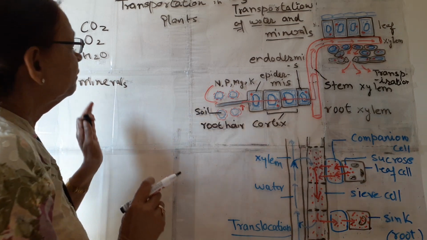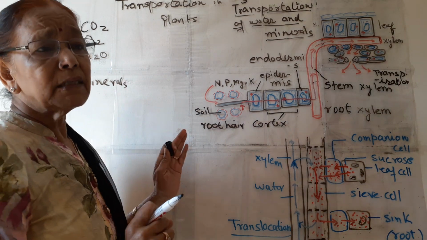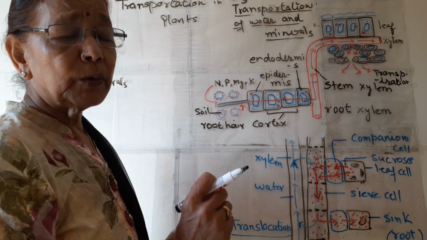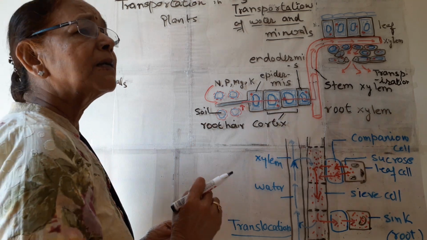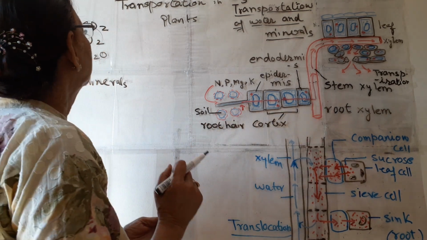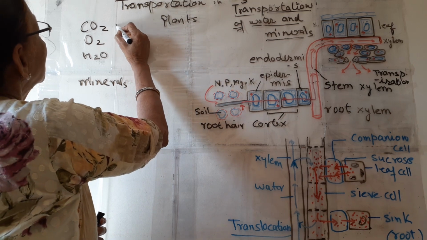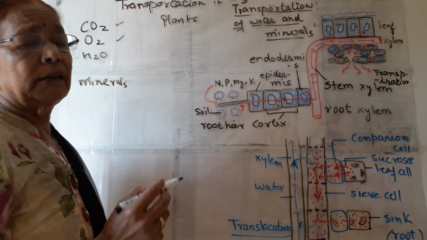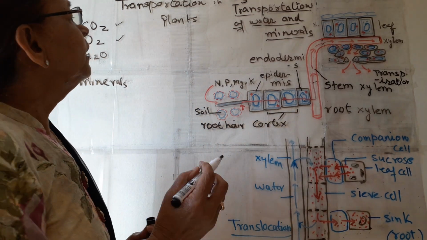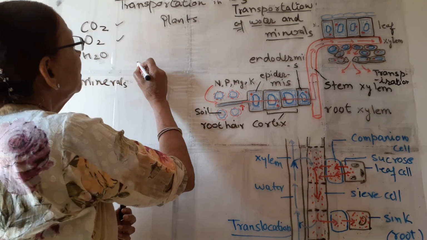These are the important ones, and some others are also there, like hormones, amino acids and some wastes.